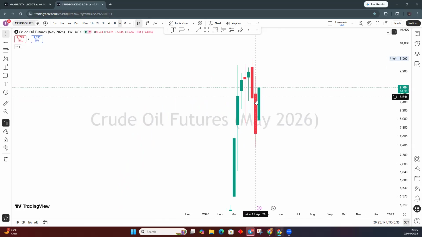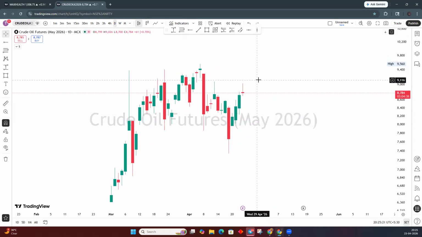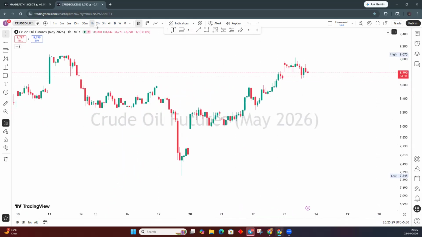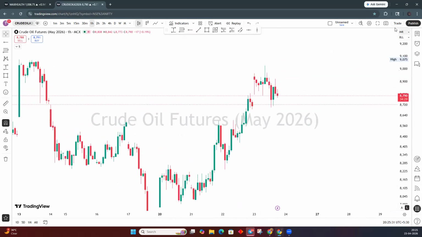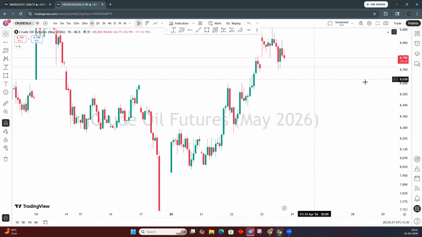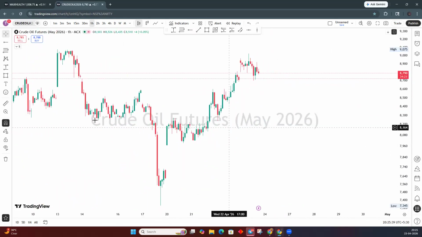The weekly trend was bearish, but currently we are seeing some bullishness this week. But high chances are there of some selling from this area. If you see the hourly candle price action, selling will come, and you have to follow the selling part, because the retracement of this move is pending.